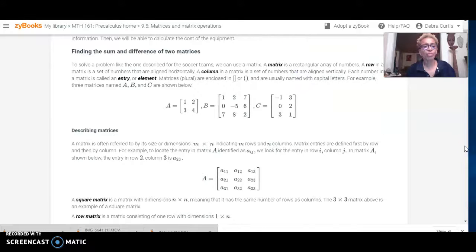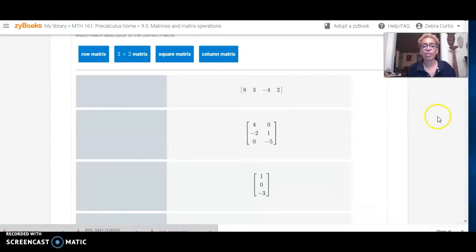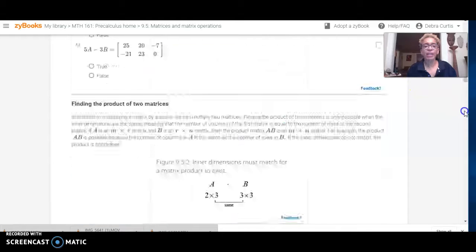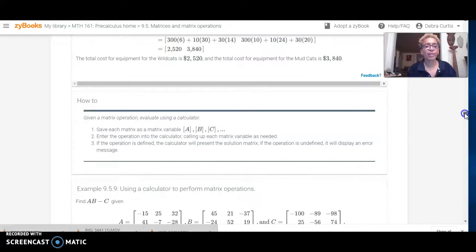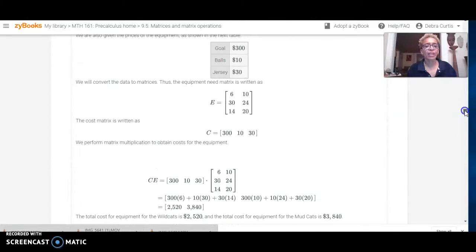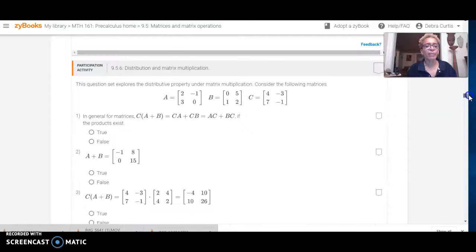And so I'm asking you to look at participation activities, or as you go along, you can look at those. Let's take a look at that. Let's see if we can find this thing that's moving fast. Okay. So let's take a look at a participation activity.